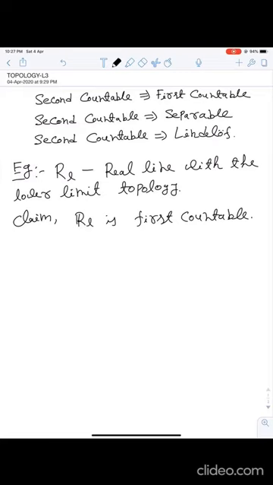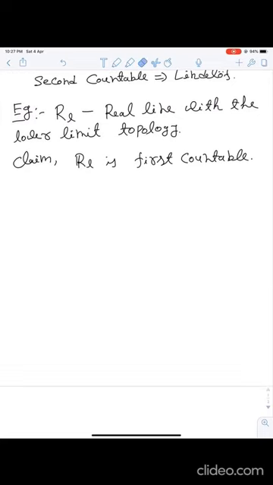So it is very easy to construct the basis for any point. So choose x belongs to R. Okay, so here R means here the topological space is R.